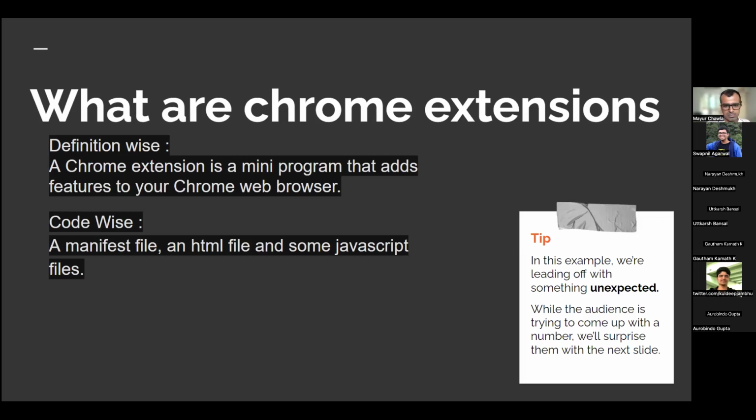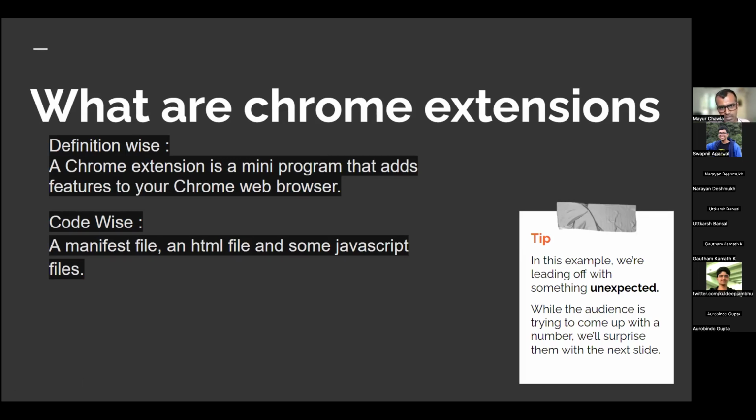So let's start. What are Chrome extensions? Definition wise, a Chrome extension is just a mini program that adds features to your Chrome browser. But code wise, we are technical people, right? So what is a Chrome extension code wise? It is just a manifest file, to be honest.